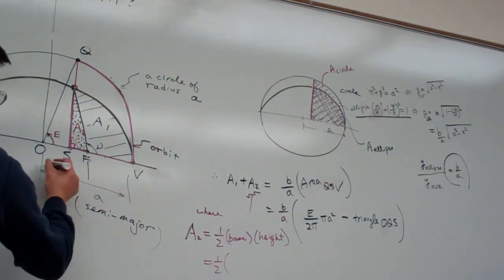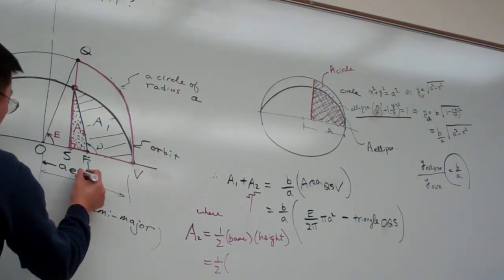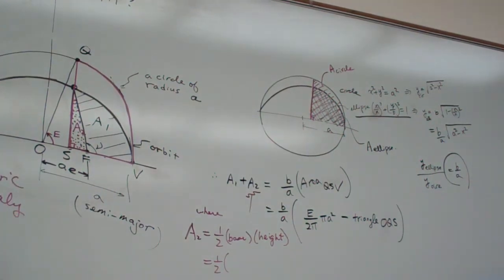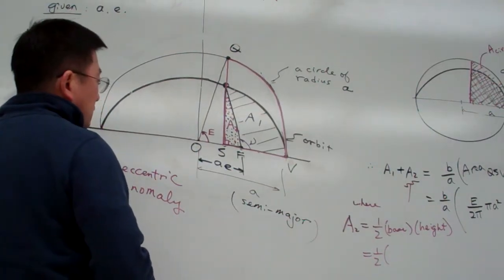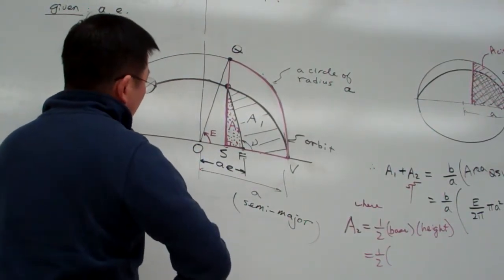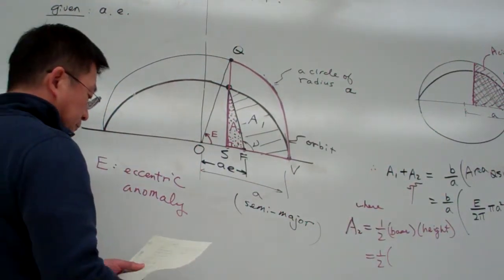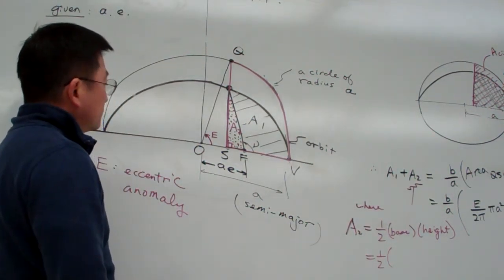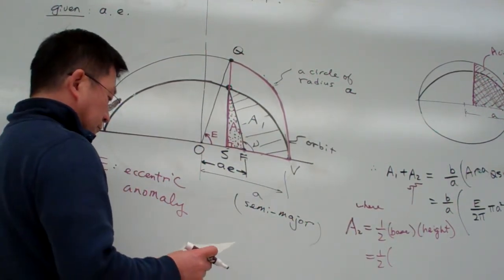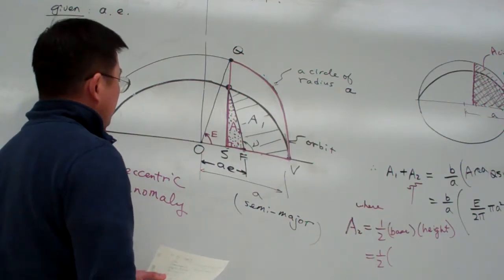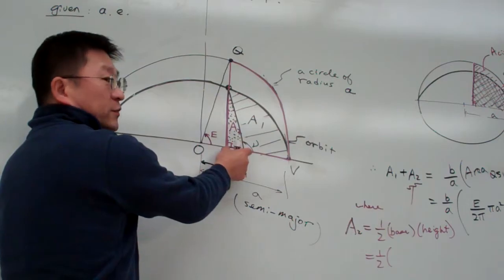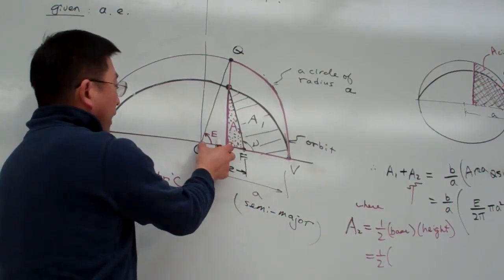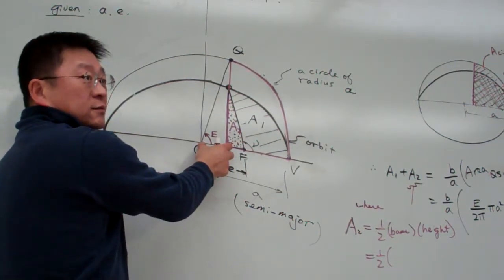And we know a and e are given, so the distance between the focus and the origin is ae. Okay, so this distance simply is equal to ae minus this portion. Got it?